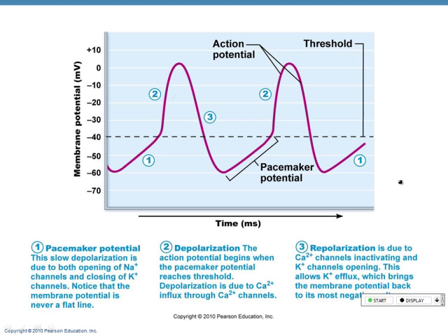So, in order to constantly give us a nice even contract and relax and contract and relax and give us a nice plateau between, we have a group of cells that are going to help keep the heartbeat on a regular basis. And this is what we're going to talk about when we talk about heart physiology.